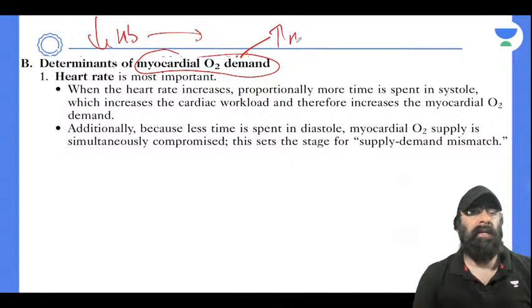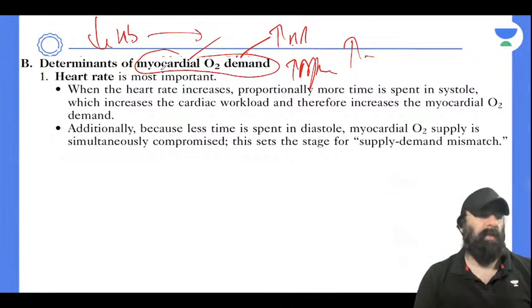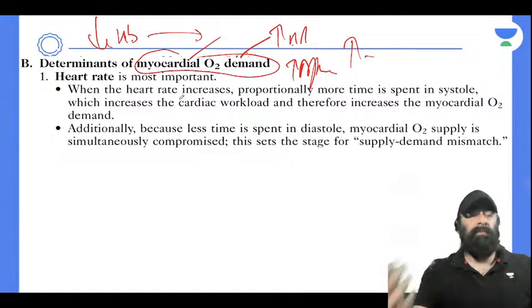If there is more heart rate, demand is more. If there is more afterload, demand is more. If there is more preload, demand is more. If there is more force of contraction, demand is more.